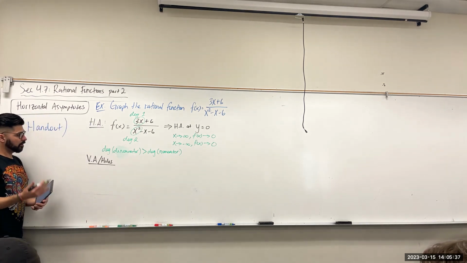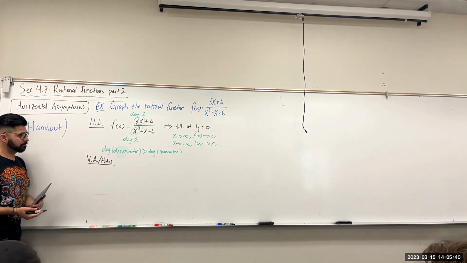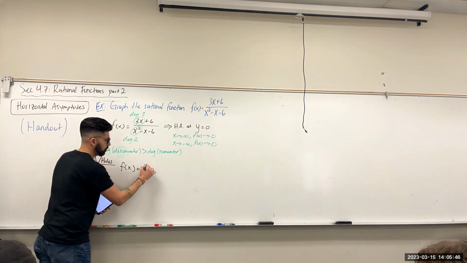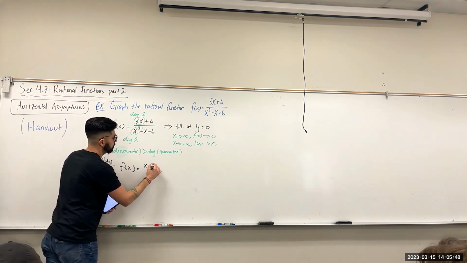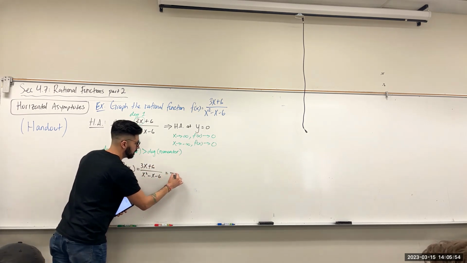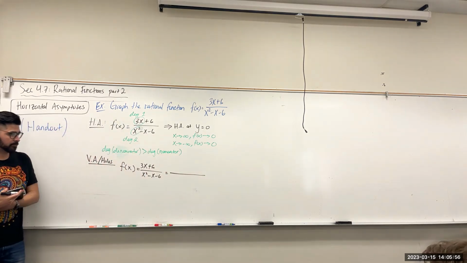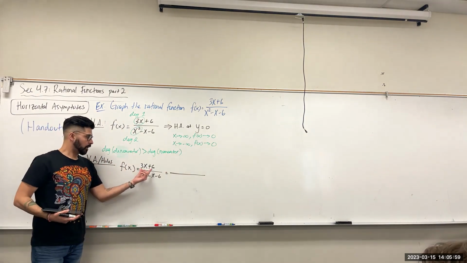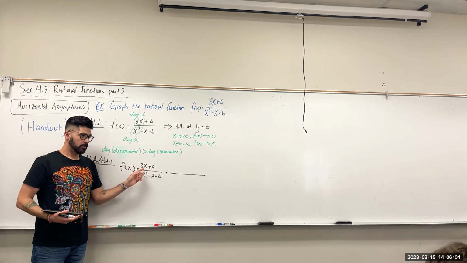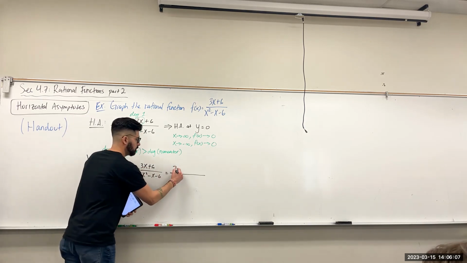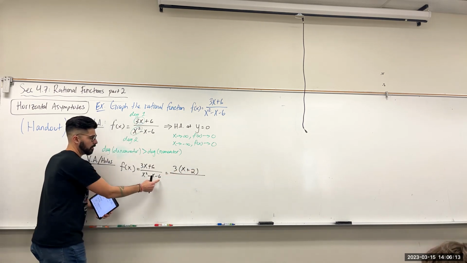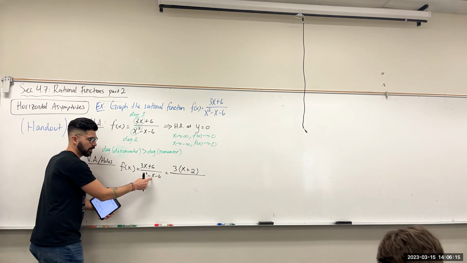Now we're going to see if we have a vertical asymptote or a hole. What we did in the beginning of class, we got 3x plus 6 over x squared. You don't have to rewrite it, I'm just rewriting it. And we got a factor. You want to start training your eye. Notice that both of these are multiples of 3, so you can take out a 3, and you're left with x plus 2.